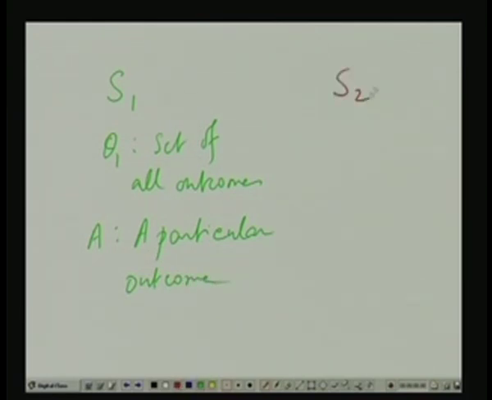Similarly, suppose S2 is given, with theta 2, the set of all outcomes here. This is another probability space and B is a particular outcome.